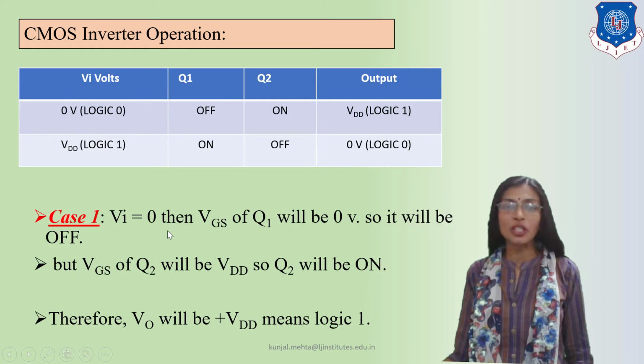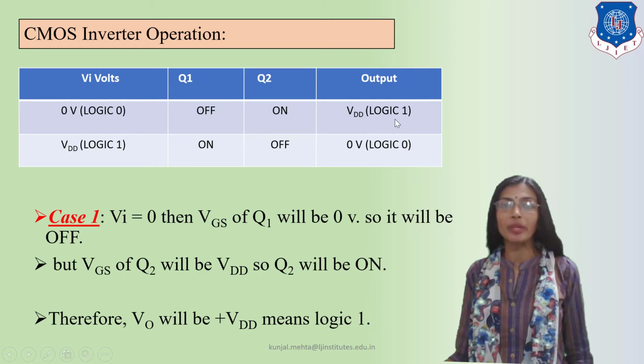If Vi equal to 0, then VGS of Q1 will be 0 and so it will be off. But VGS of Q2 will be VDD because VDD is already connected there with Q2, and therefore Q2 will be on. So VO will be plus VDD, meaning logic 1, VO is high.